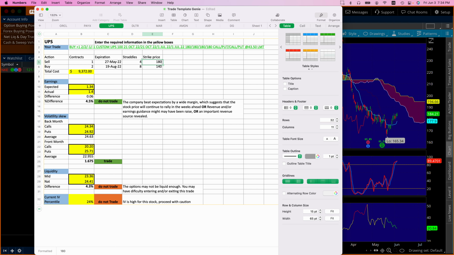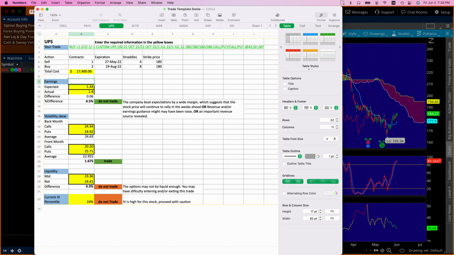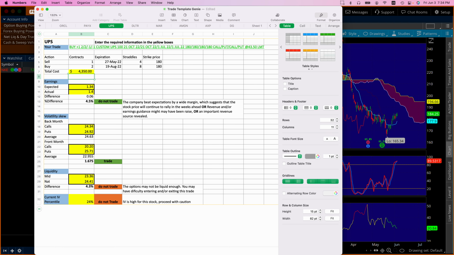The price will be 180. Okay, and the cost, you just enter it here, and it is $43.50. And how many am I going to have? Well, you multiply that times 100, that's your cost for $43.50.